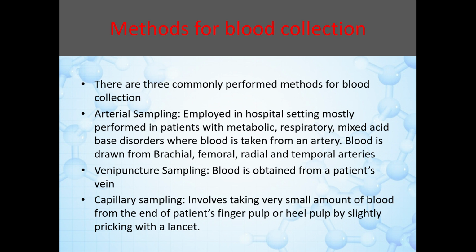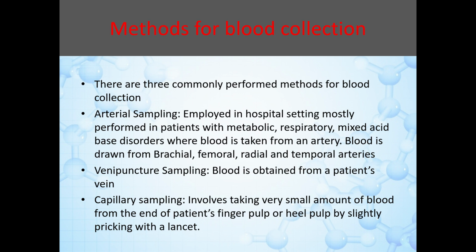So here you are drawing the blood from the artery. And it's usually drawn from brachial artery, femoral artery, radial artery, and the temporal arteries. So the test that is commonly performed is ABGs, arterial blood gases. You check the ABGs by attaining an arterial blood sample.